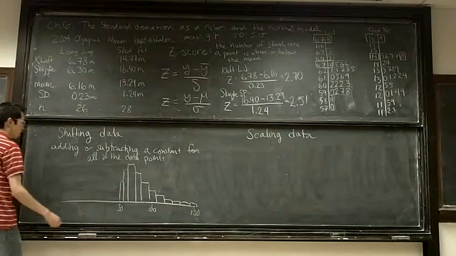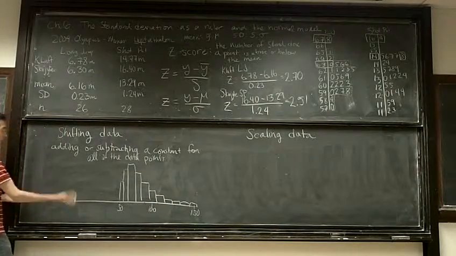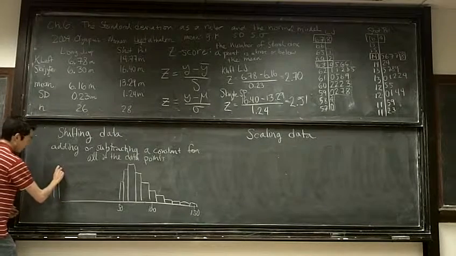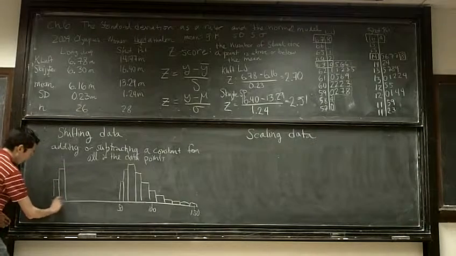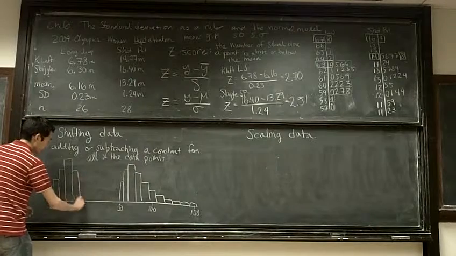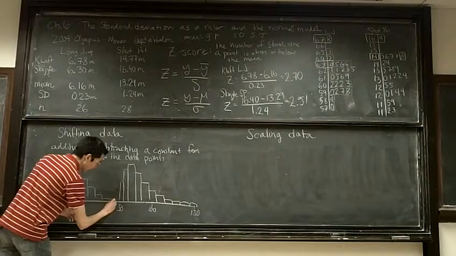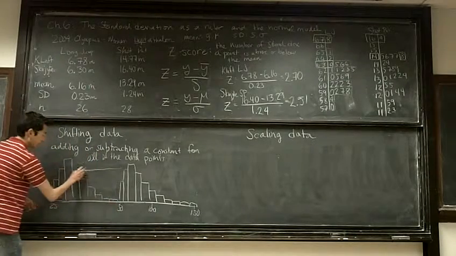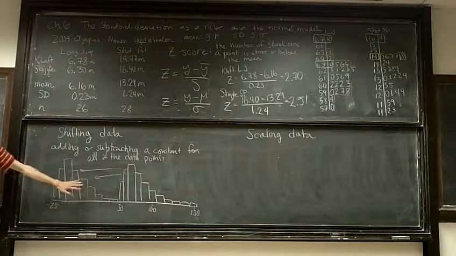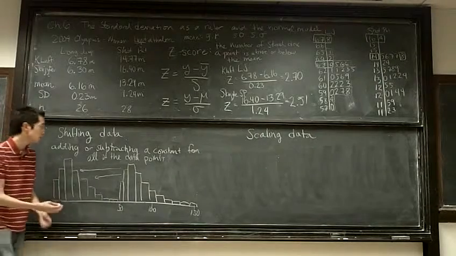All this would do is shift the data, and we would just subtract 75 from all of these points, and we would be over at negative 25 down here. Everything would be shifted over, and it would still retain the same shape, because we're applying the same number to all of these points. We've just shifted everything the same distance.